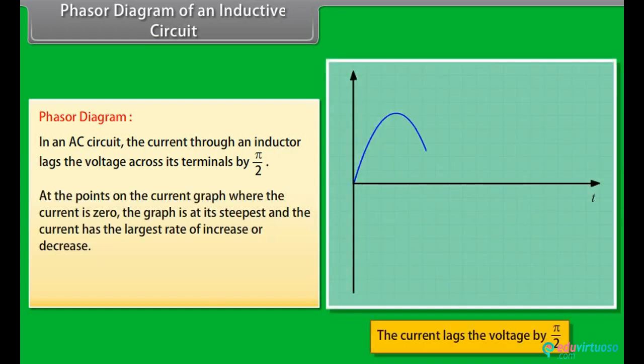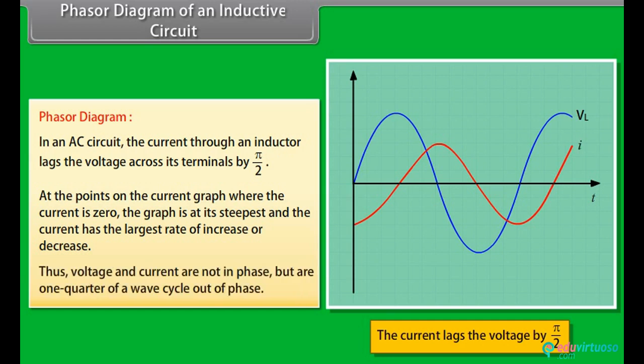At the points on the current graph where the current is 0, the graph is at its steepest and the current has the largest rate of increase or decrease. Thus, voltage and current are not in phase, but are 1/4 of a wave cycle out of phase.